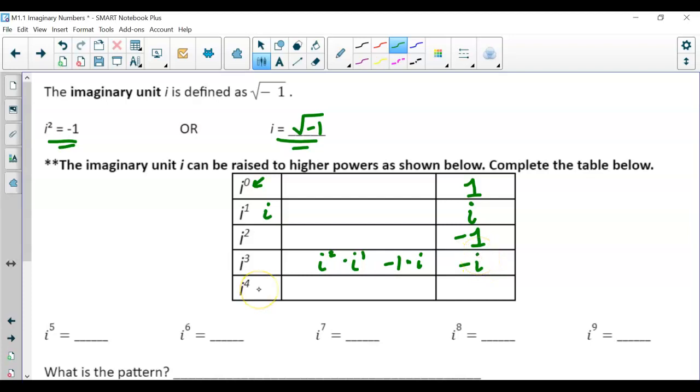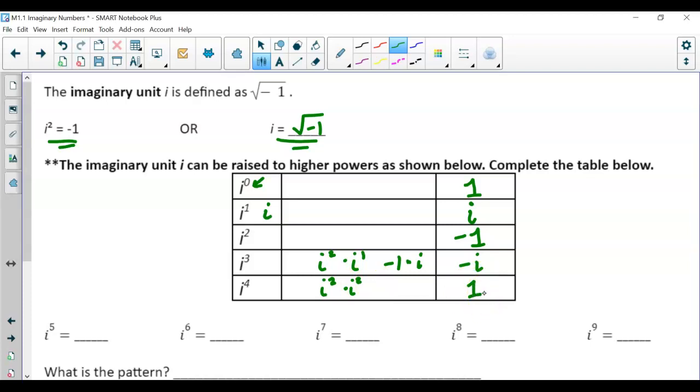Now, i to the fourth is i squared times i squared. That's -1 times -1, which is +1.